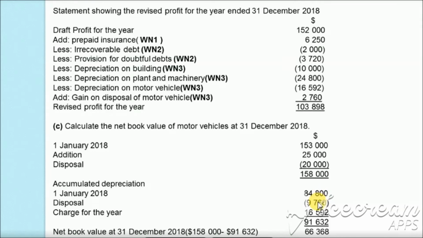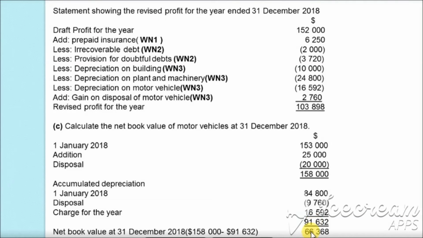From this we are going to subtract the accumulated depreciation of the motor vehicle which has been disposed, that is $9,760, and we are going to add the depreciation for the year, which was calculated in the third working notes as $16,592.